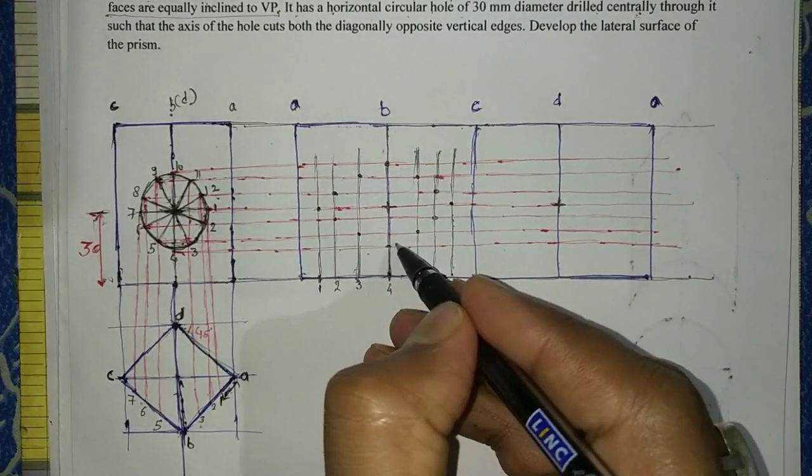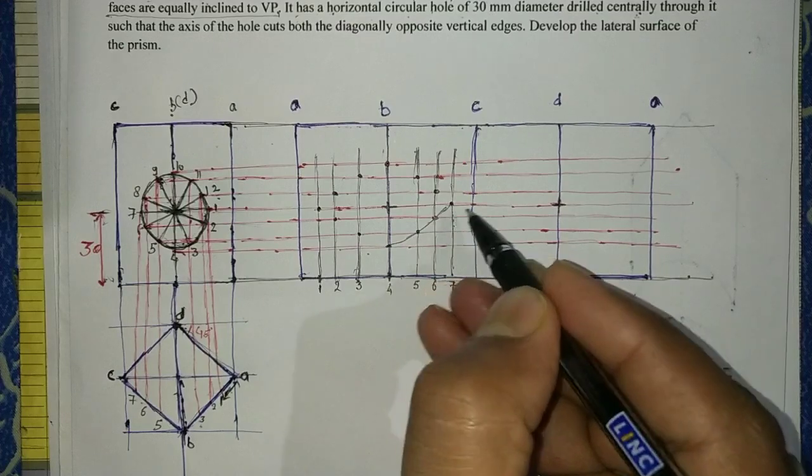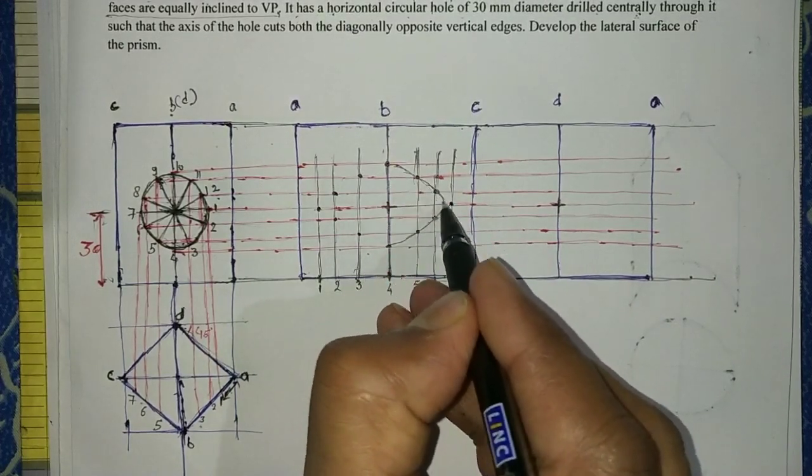So we just have to join these points with the help of French curve.